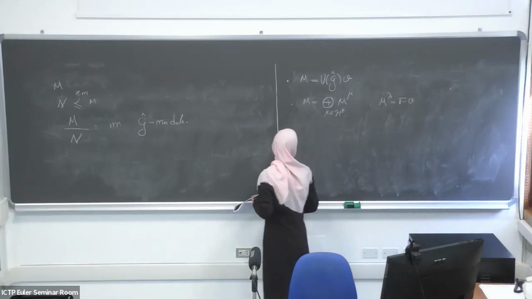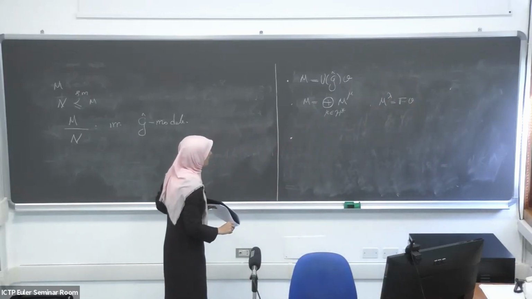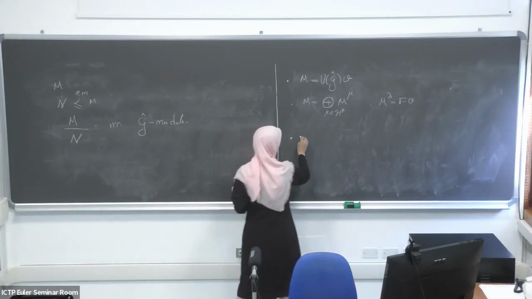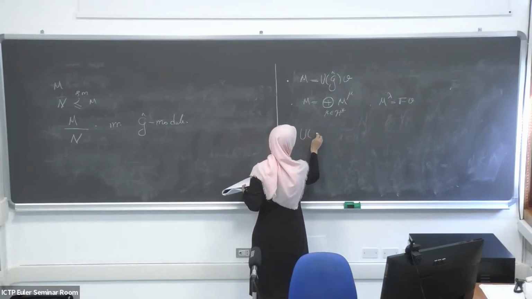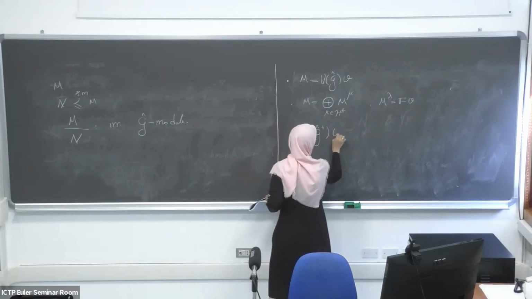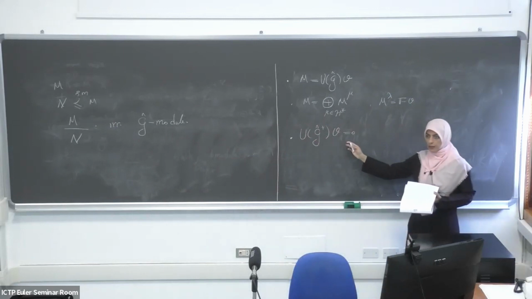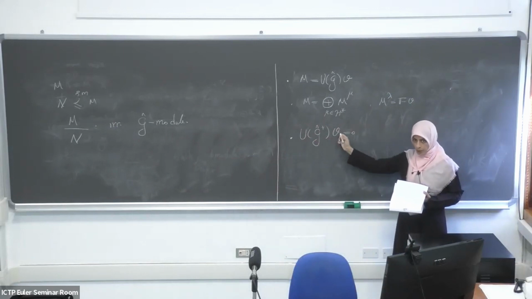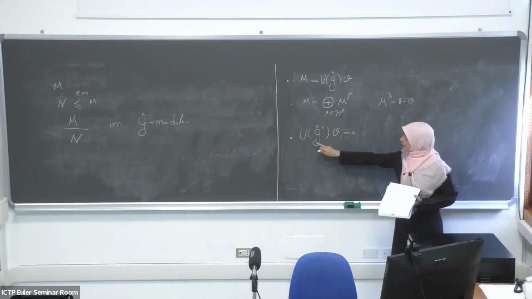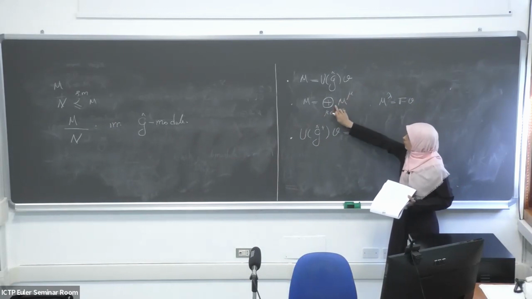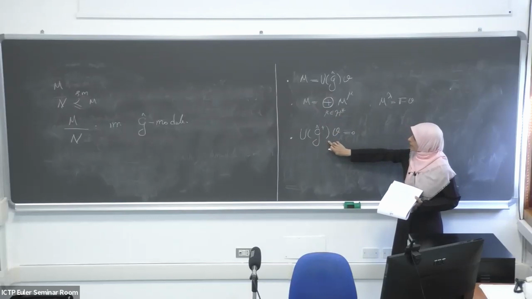And another thing that we have is this one, that U G hat plus V is 0. It is the way that we define the module, right? So we have this property, we have this property, and we have this property.